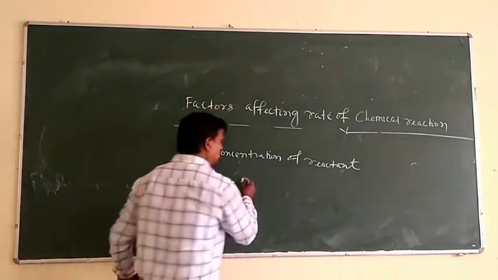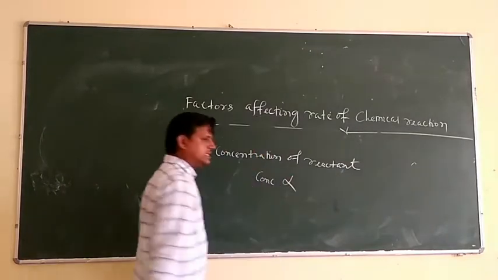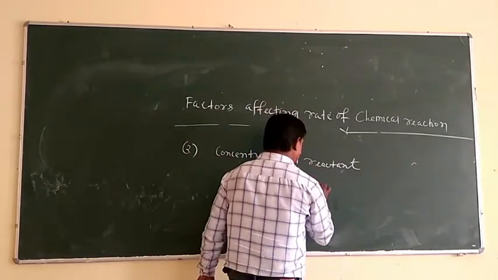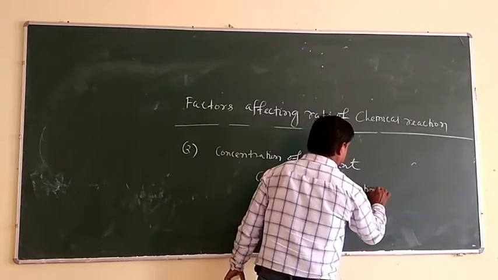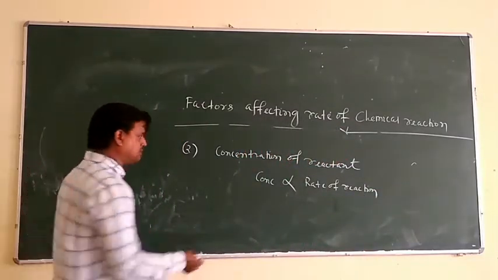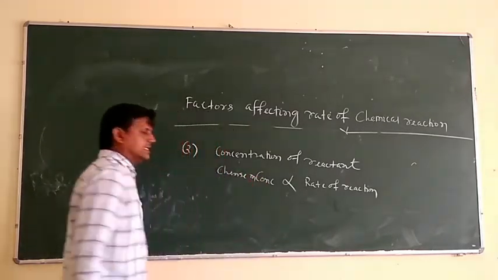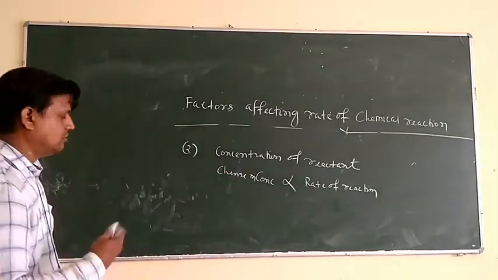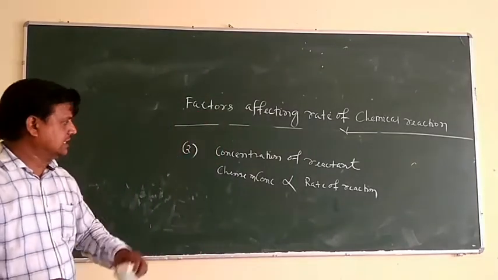So concentration of reactant, you can say concentration is directly proportional to rate of reaction. Or change in concentration is directly proportional to rate of reaction. If change in concentration is more, then rate of reaction is more. If change in concentration is less, then rate of reaction is less.